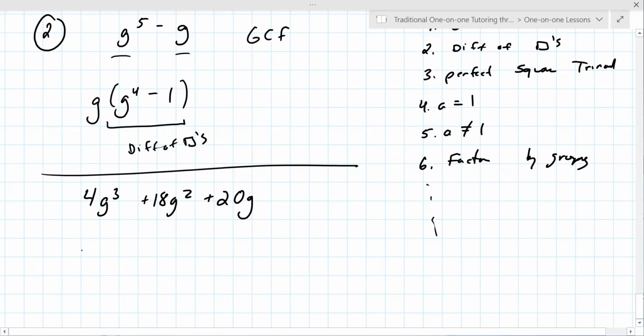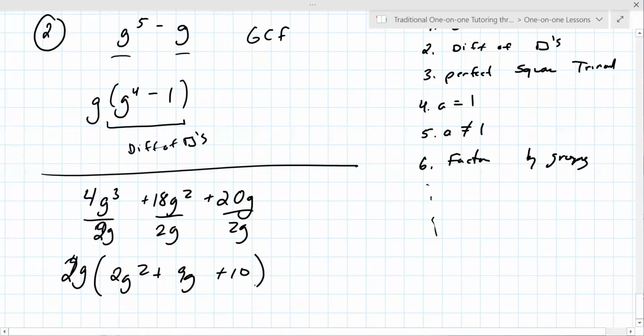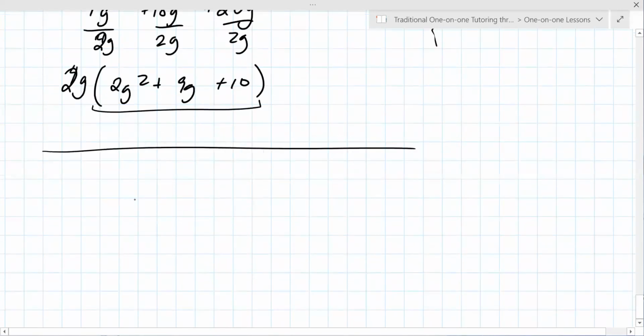Yeah, and it's actually both a letter and a number this time. You would do 4 also. Actually, it's 2 because 18 doesn't go. Yeah, which I was about to do, and that gives you 2g squared plus 9g plus 10. And this is actually factorable also. So we know it's not this one. So we just continue. Okay, let's look at the next one here.